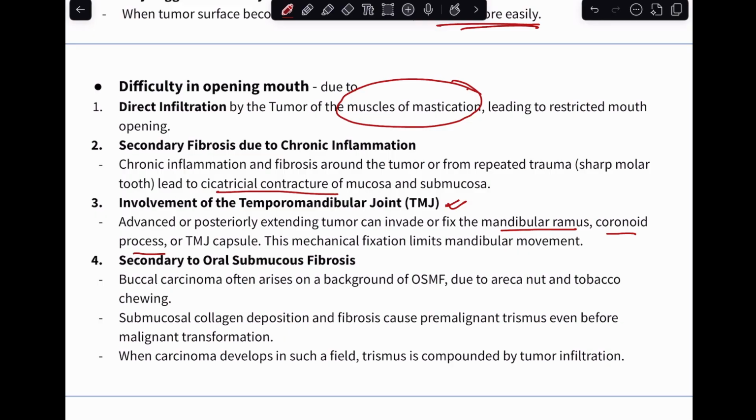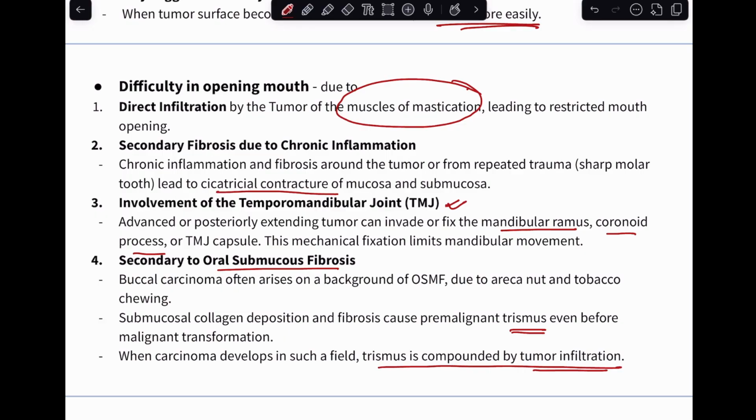So if you have oral submucous fibrosis, what happens is we have submucosal collagen deposition and fibrosis, so it leads to trismus, which is basically difficulty in opening mouth. When a malignant ulcer develops in this field, trismus is compounded by the tumor infiltration as well. So these could be the possible reasons why your patient could show difficulty in opening mouth.